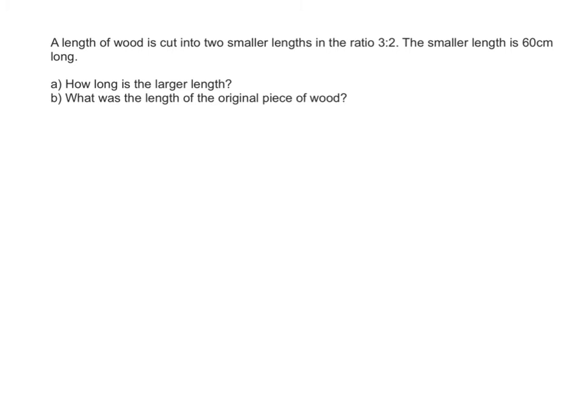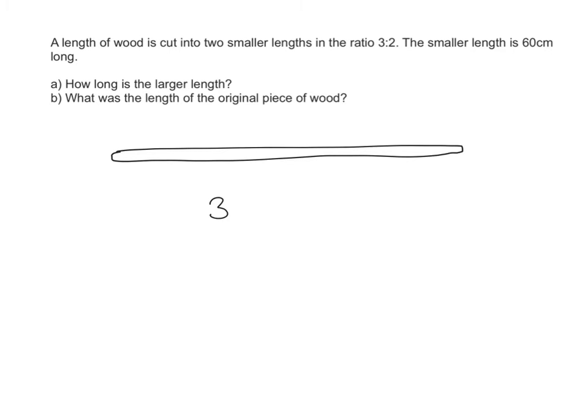Now, I want you to imagine that this is a length of wood. I apologize for my bad drawing, but just imagine this is a length of wood, and it is cut in the ratio 3:2.